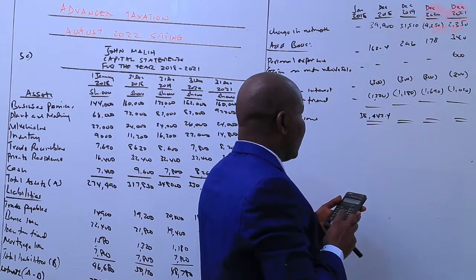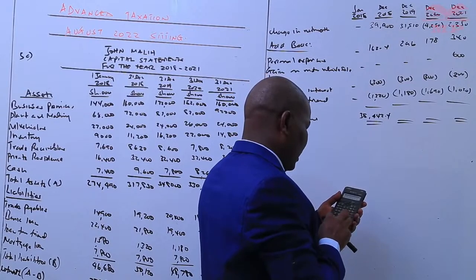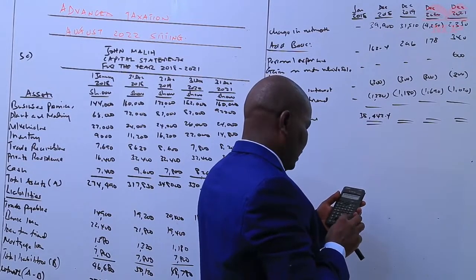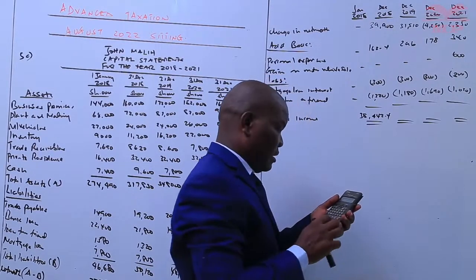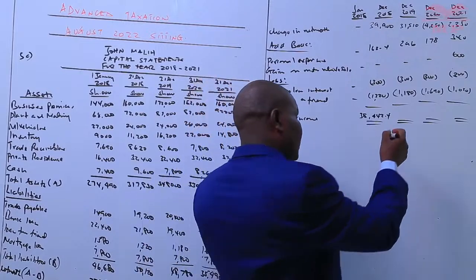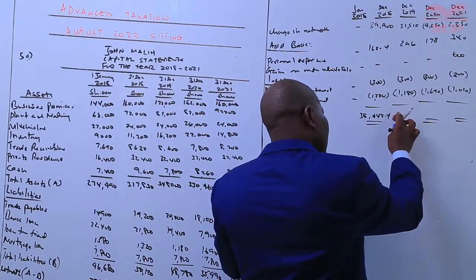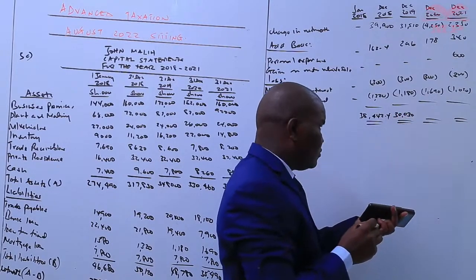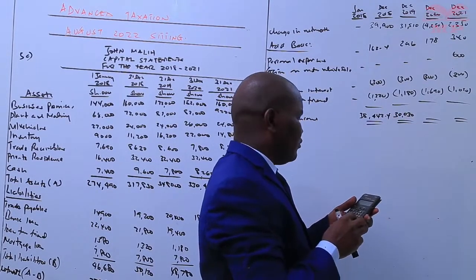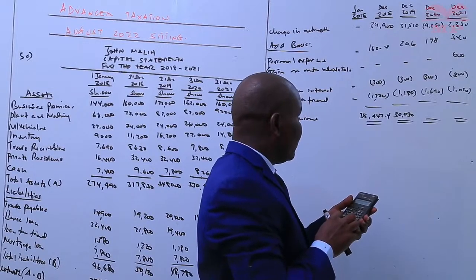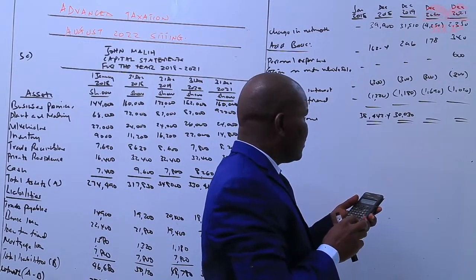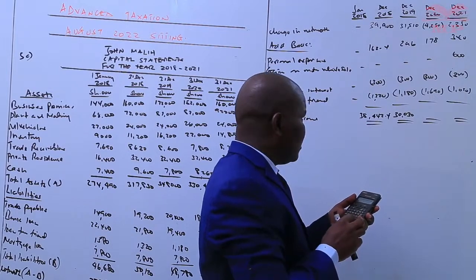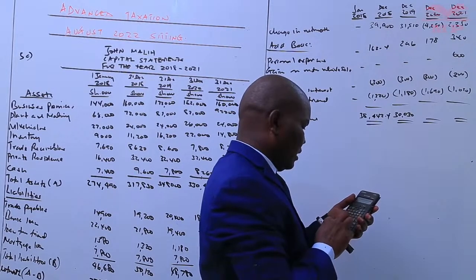2019 I have 31,510 less 300 less 1180. I get 30,030. 2020 we have negative 4250 less 300 less 1690.